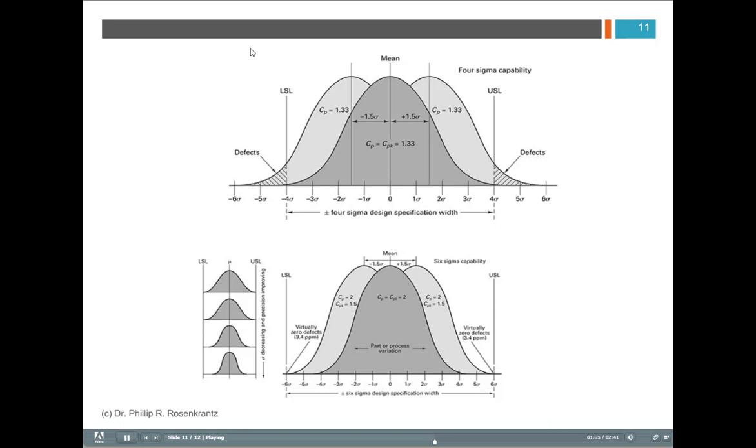Now think about this for a moment. If you have a process that has this small amount of variation, so that even if it does have some issues, it's still only producing 3.4 parts per million. Begin to think about the kind of quality you would have. First of all, you could probably eliminate inspection and eliminate inspectors.